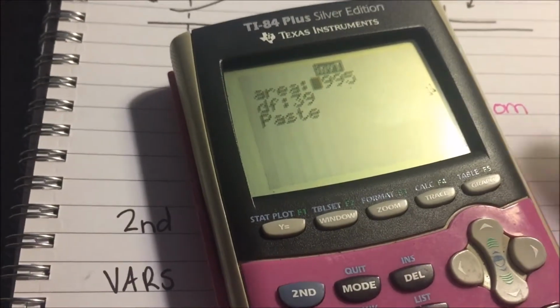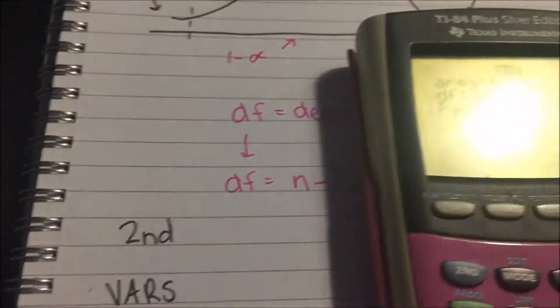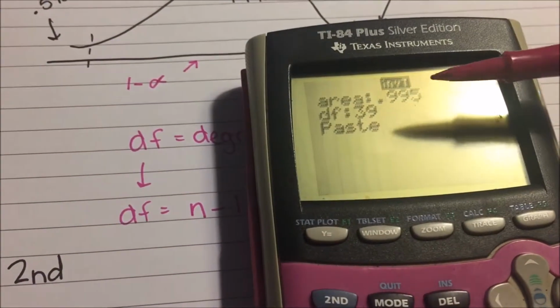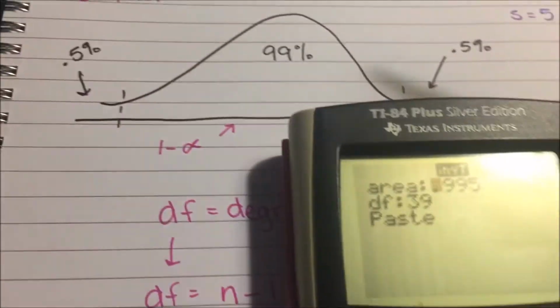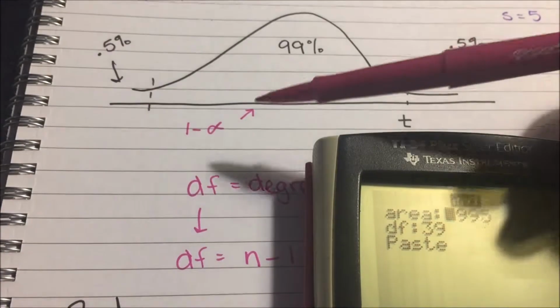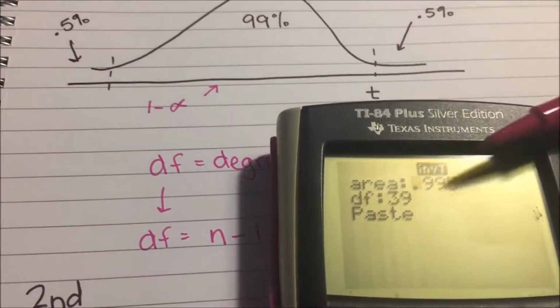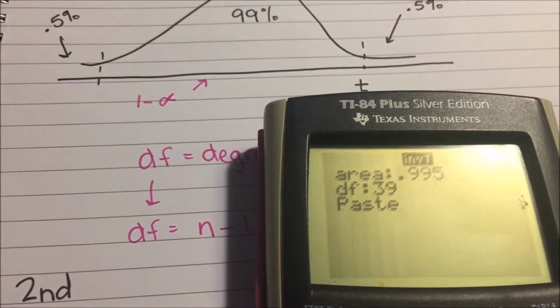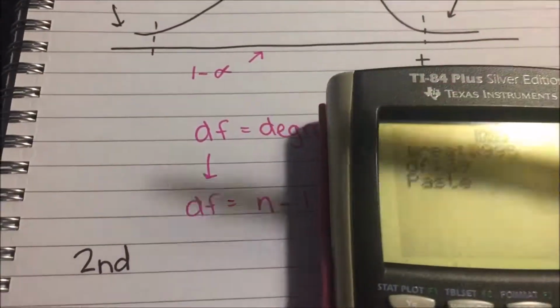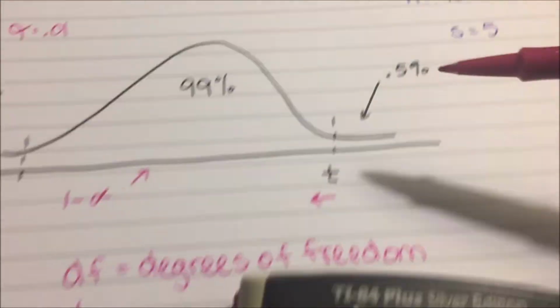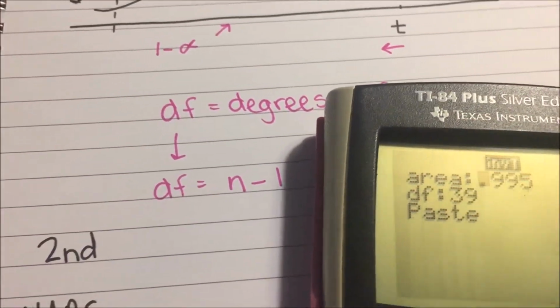You'll see on the next screen how it will look if it doesn't look like this. Our area, remember I told you, is everything left of t. So it's 99.5%, which as a decimal is 0.995. And our degrees of freedom is n minus 1, where our n is 40. So our degrees of freedom is 39.